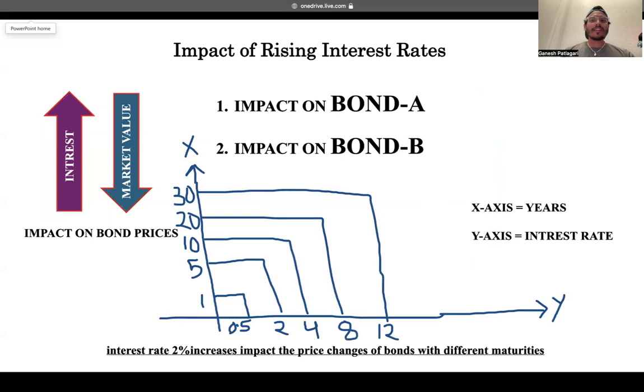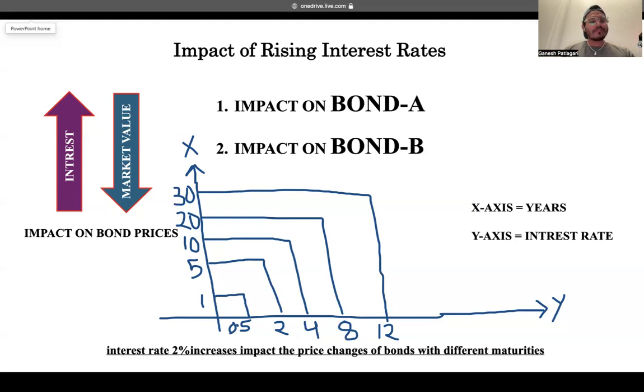Impact of rising interest rates. Impact on bond A: its longer maturity will be more significantly affected by a rise in interest rates. Its price will fall more sharply due to the greater sensitivity of its long-term cash flows. Impact on bond B: with its shorter maturity, it will experience a smaller price decline.